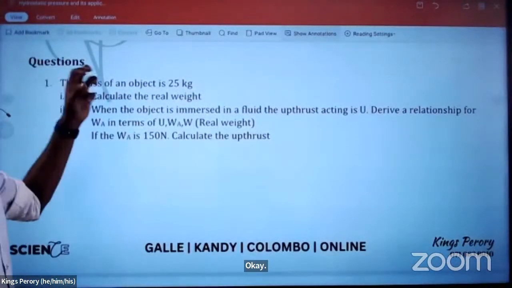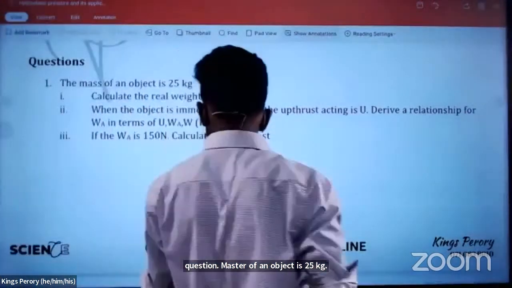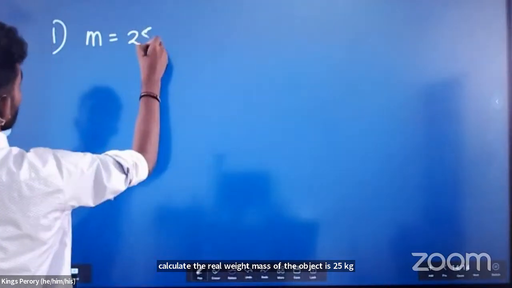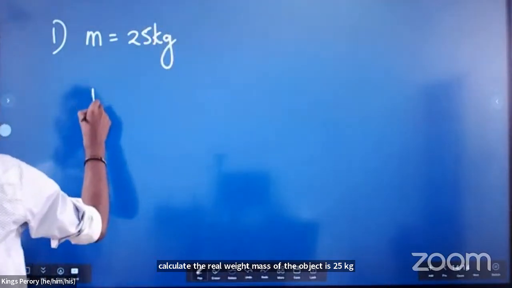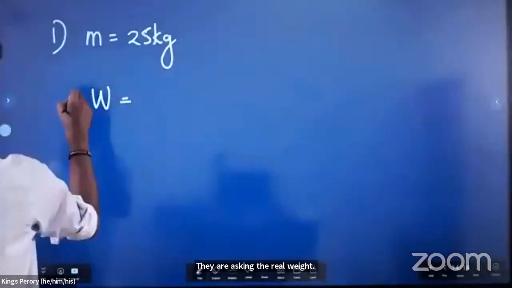Question. Mass of an object is 25 kg. Calculate the real weight. They are asking the real weight.